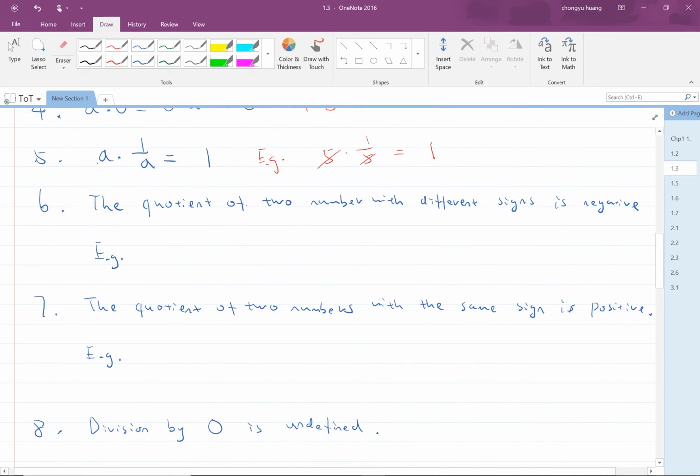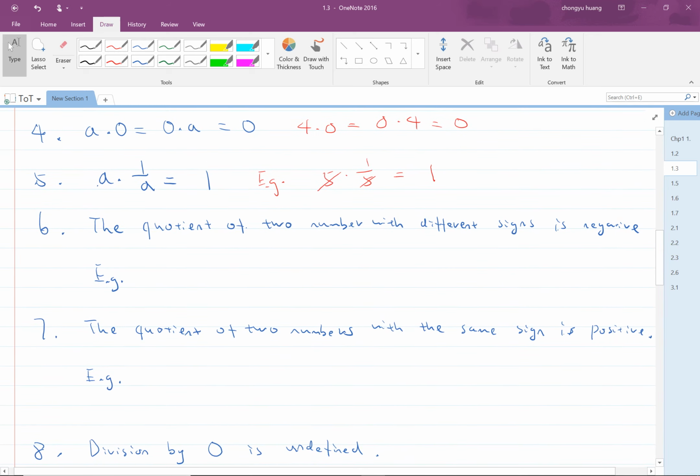For property 6, the quotient. Whenever you see this word, you know it means division. The quotient of two numbers with different signs is negative.